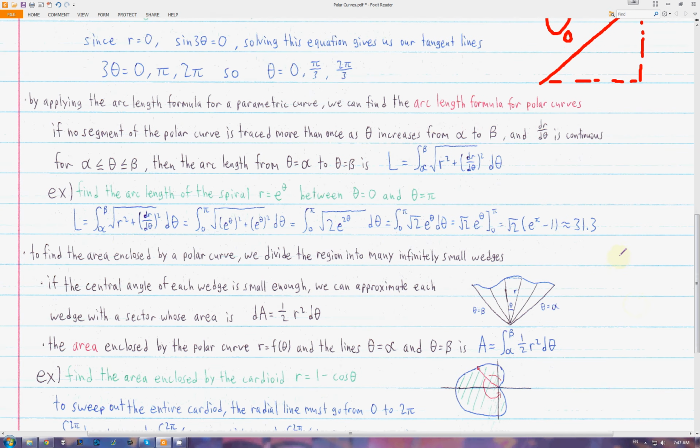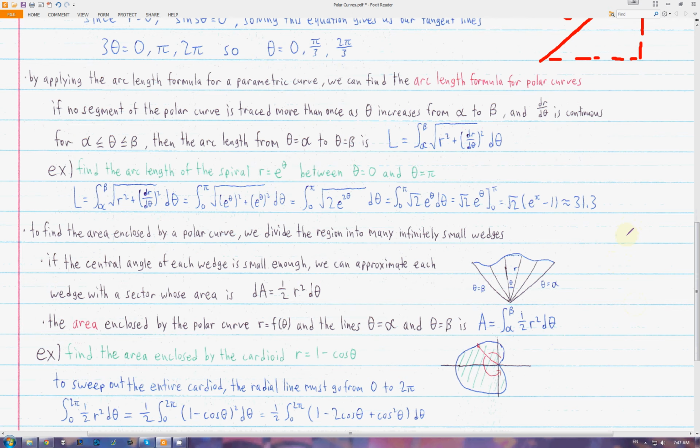So the last thing we want to find is an expression for the area enclosed by a polar curve. So remember when we were in rectangular coordinates, to find the area under the curve, we divided it into small regions, which we approximated as rectangles.